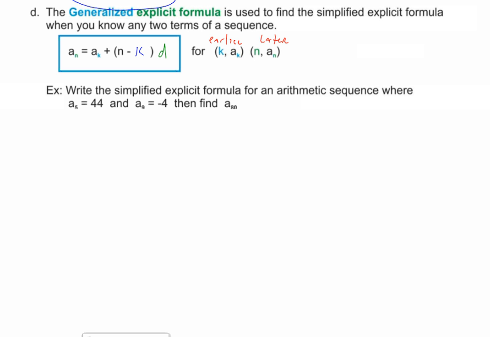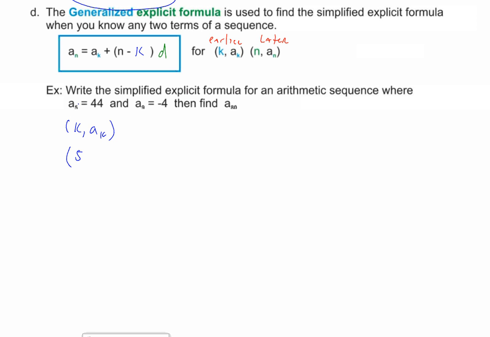So write the simplified explicit formula for the arithmetic sequence. They give us a sub 5 is 44, and a sub 9 is -4. All right, so let's just set this thing up and make sure that we understand. So you have k and a sub k. And the k is what value? K is the 5.